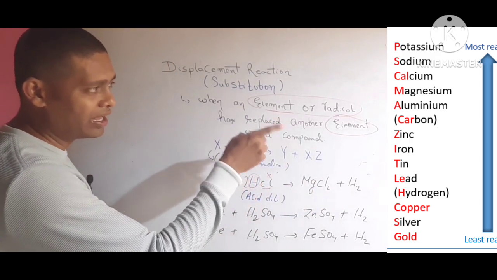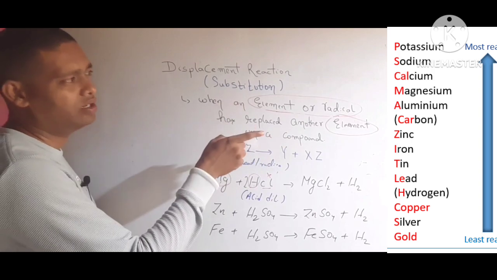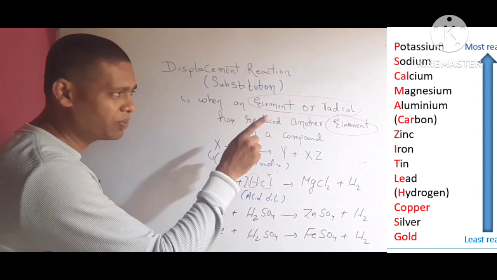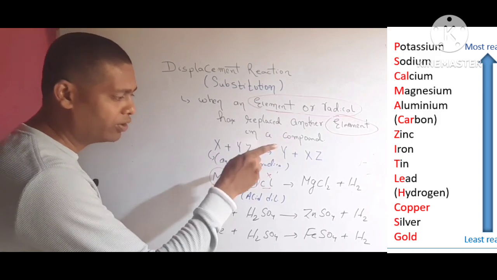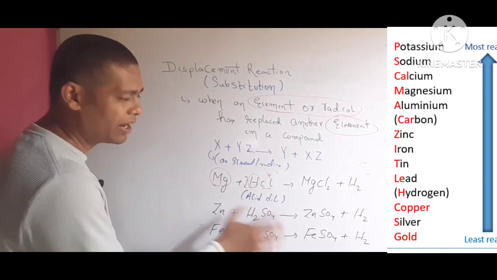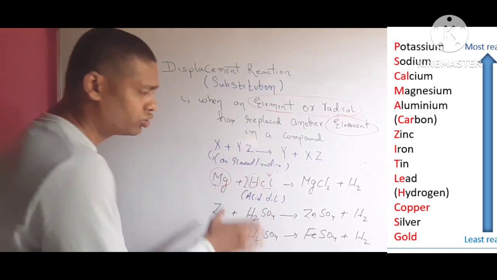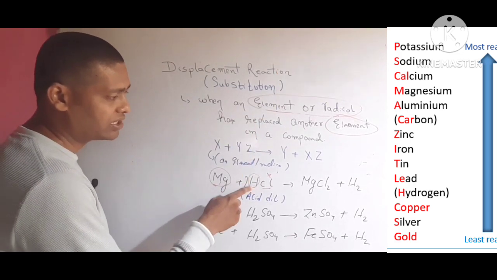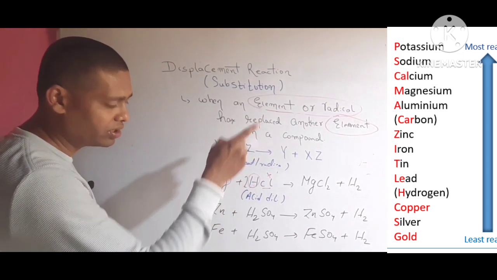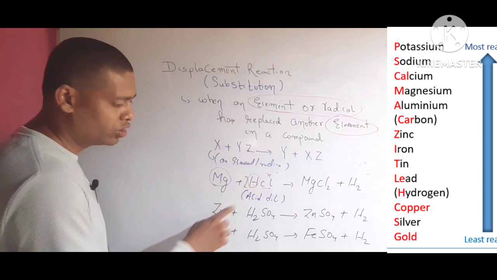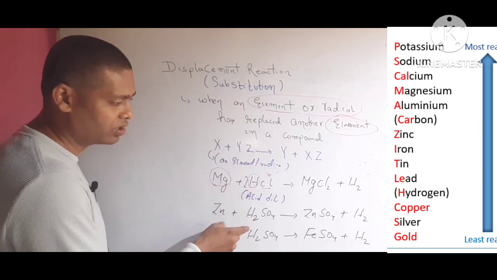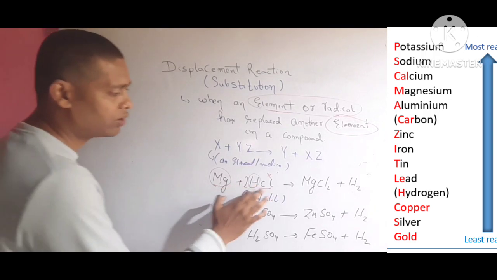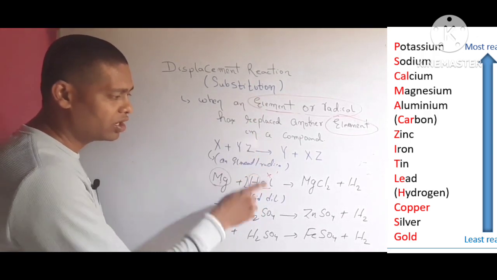The metals which are above hydrogen are all active metals, so they have the power to displace hydrogen from dilute acids. These are all dilute acids, some are concentrated acids also, so they have the ability to replace hydrogen from the acids. Zinc is also above hydrogen, iron is also above hydrogen, so they all have the power to displace it. If you are confused about which one to see, hydrogen or chlorine: in the reactivity series, is chlorine there?